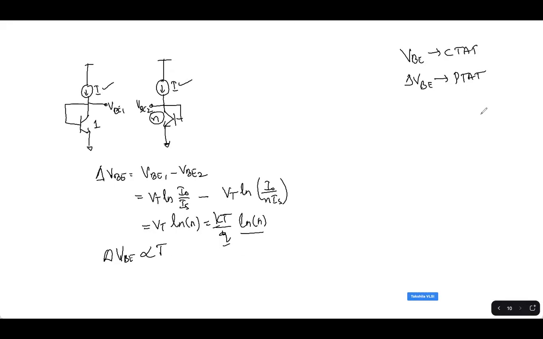But I also mentioned that the slopes have to be the same. If slopes are not the same, then we are in for a bigger problem. Now, how do we ensure that the slopes are the same? Are the slopes the same? First thing.